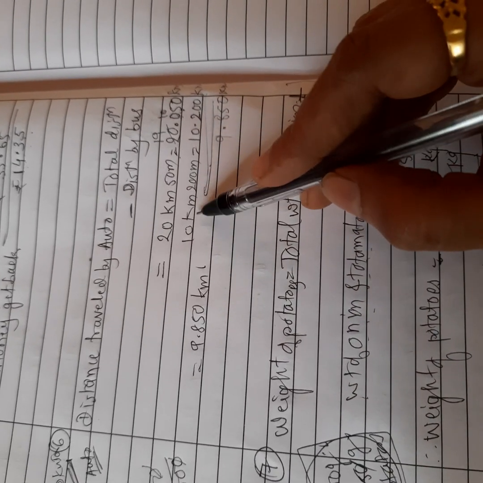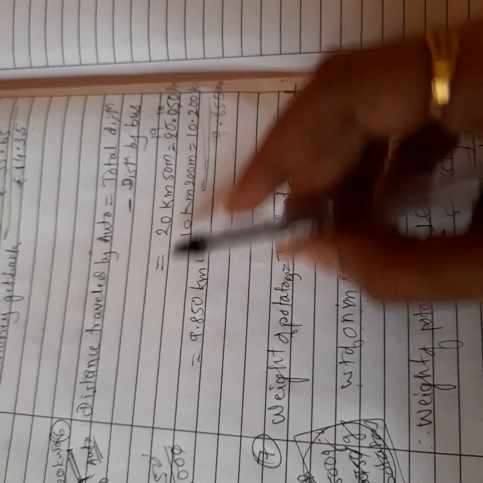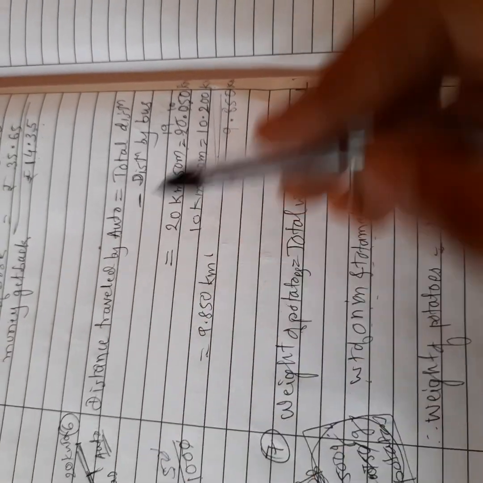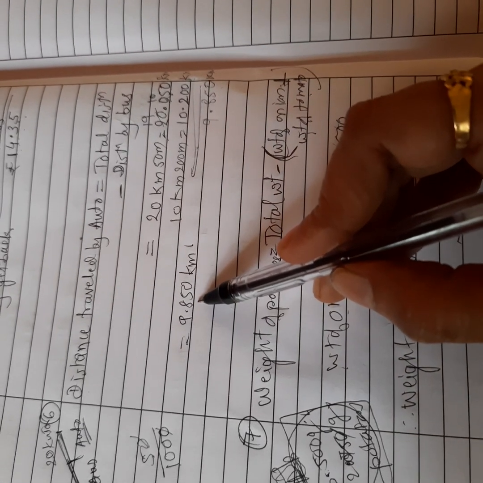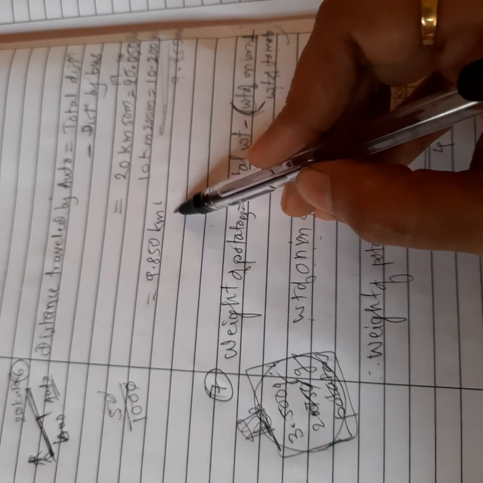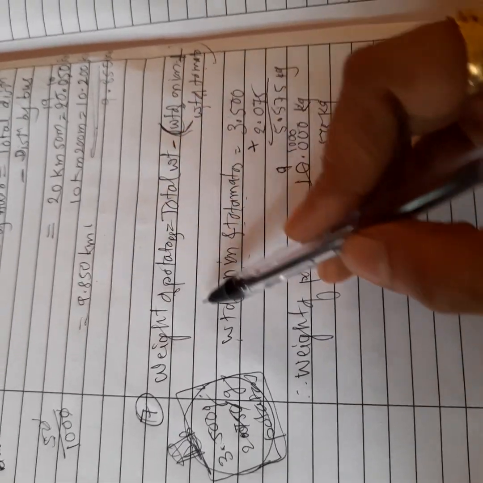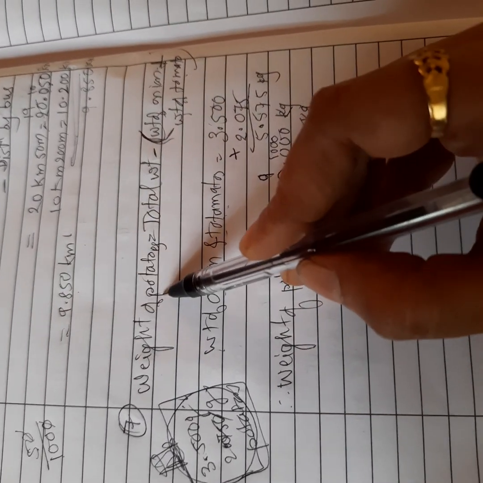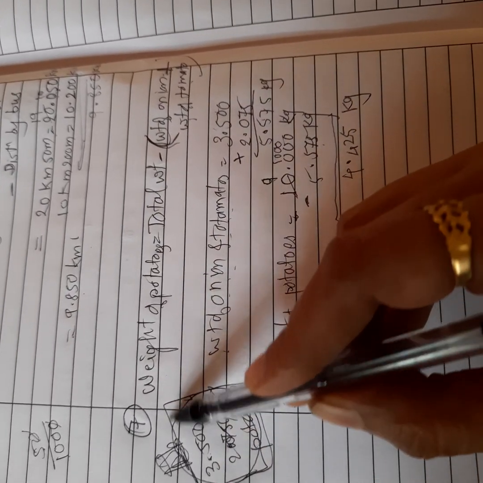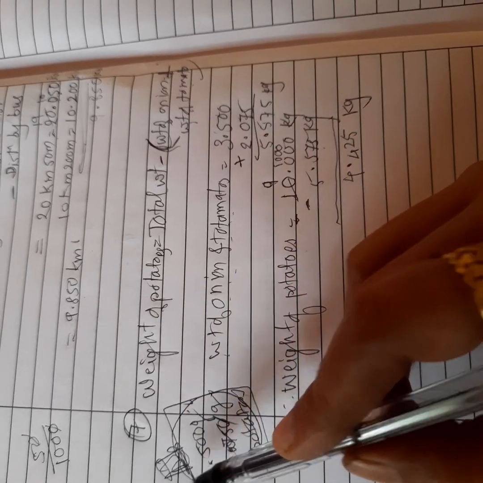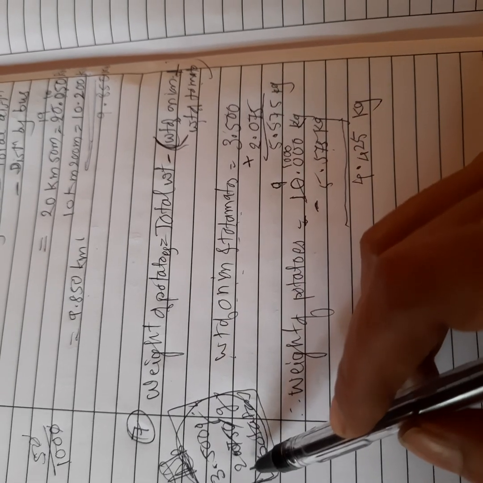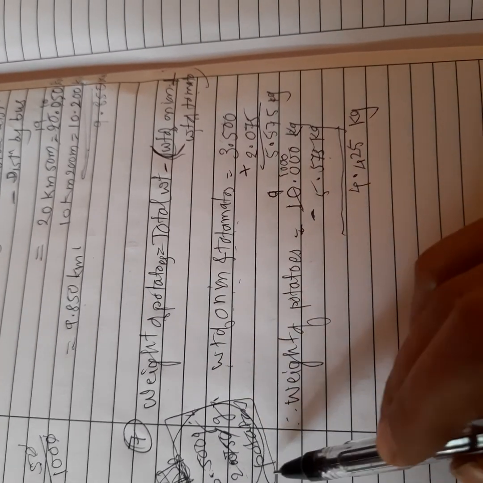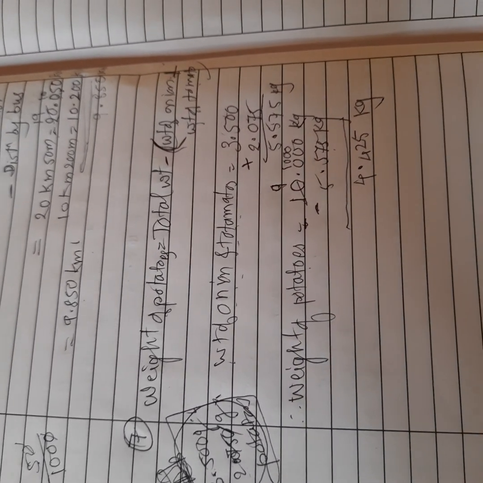Same way we have converted the distance travelled by bus. All these we have converted into decimals, and the subtraction is carried out in the normal way. Now next question: the weight of the total bag is given, that is 10 kg. Out of that 10 kg, some is onions and some is potatoes, and we have to find the weight of the potatoes.